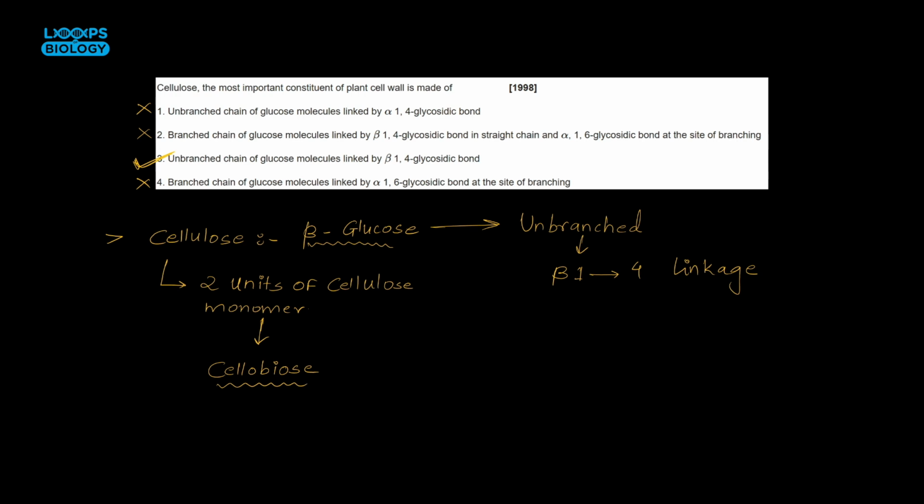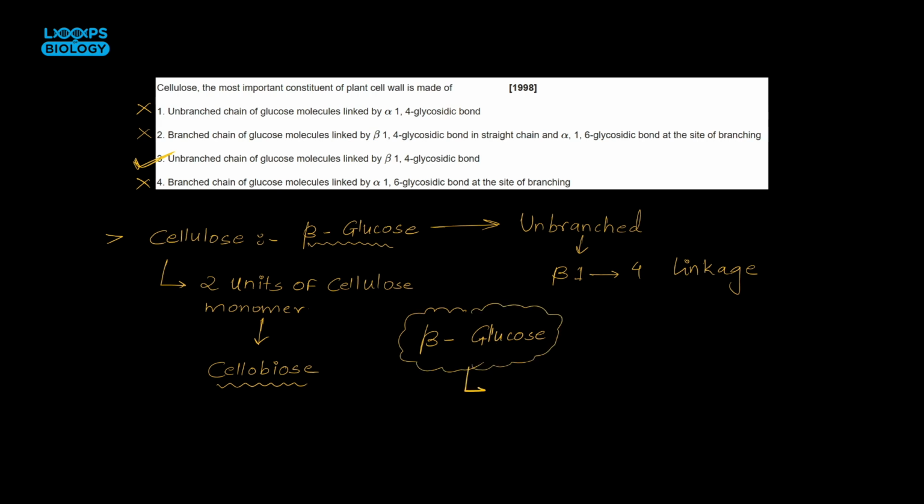So if I take 2 beta glucose and join them together, it forms cellobiose. If I take more than 2 and join them continuously in a straight chain structure without branching, that is the cellulose structure. So in cellulose, beta glucose is the main component, and it is the main constituent of the plant cell wall.